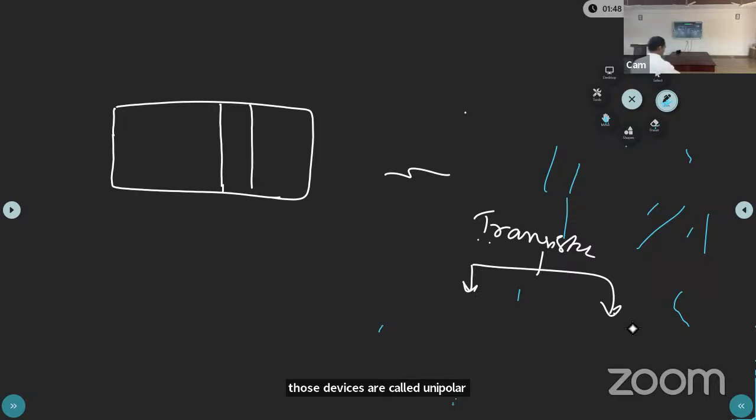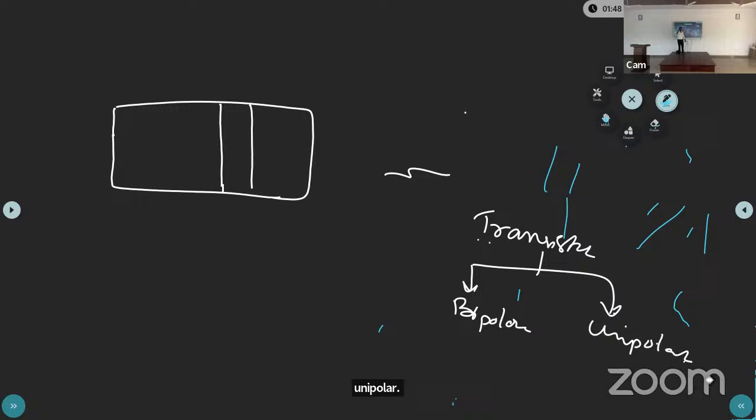So the main classification of the transistor is bipolar and unipolar. Uni means one, pole means polarity. So a single polarity, that may be either majority electrons or holes, depending on the semiconductor we are using.